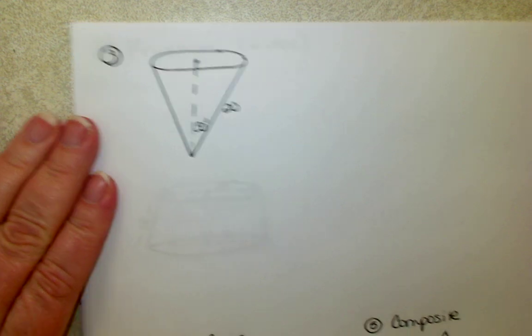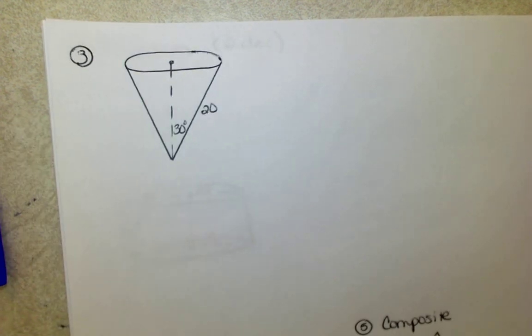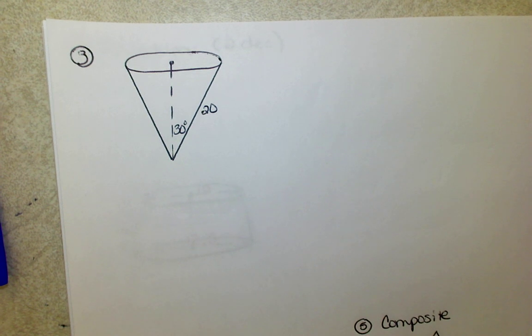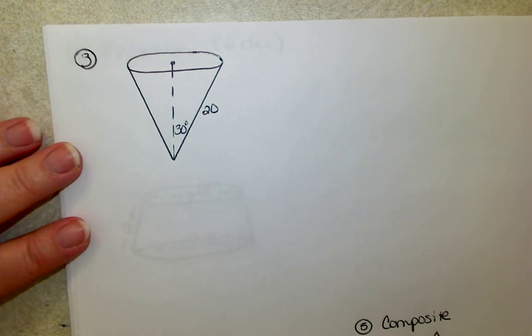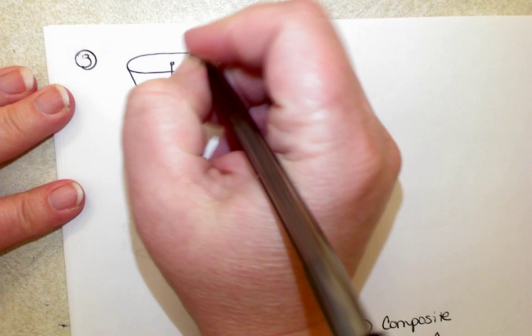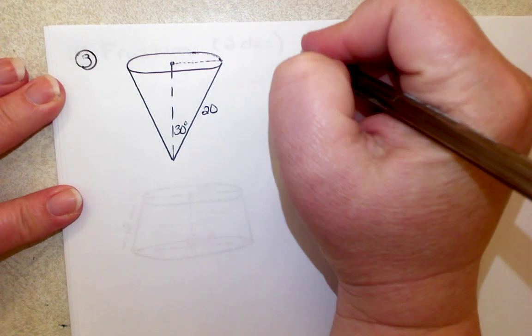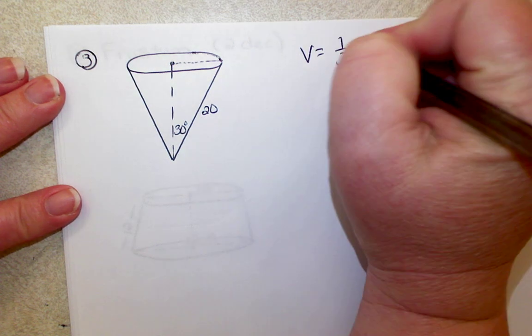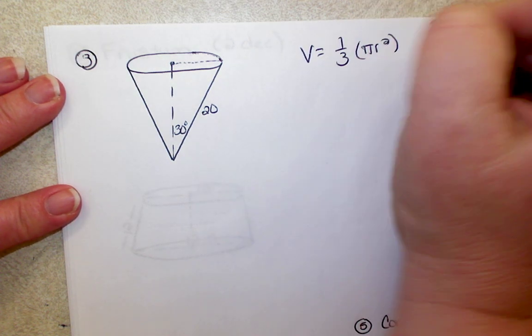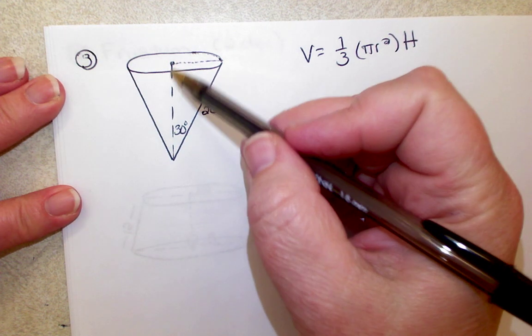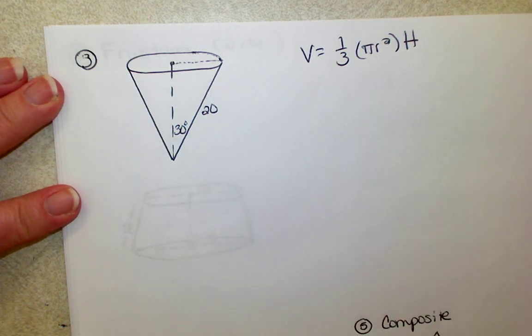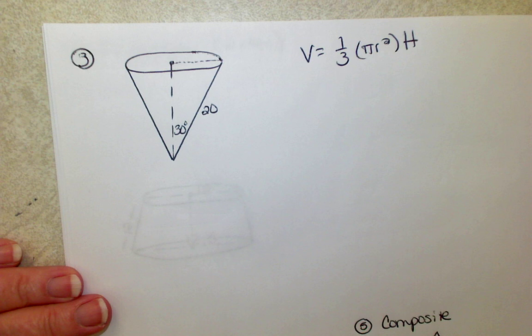All right, for number 3, we've got a cone, but if you notice this time, they're giving us a 30-degree angle. So this is where we've got to come in here and use our special right triangle rules. So I want to go ahead and draw in a radius. Okay, the volume of a cone, remember, is 1/3 pi r squared times the height. We don't know the height, and we currently don't know the radius, but we've got enough information to find it.